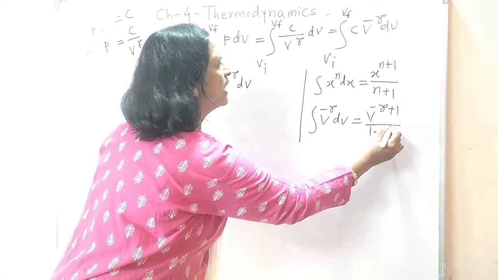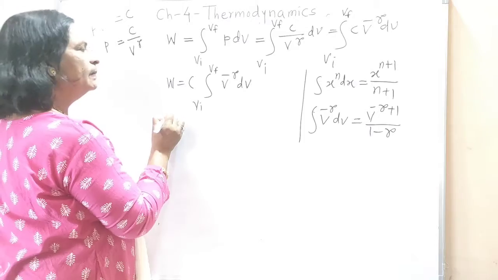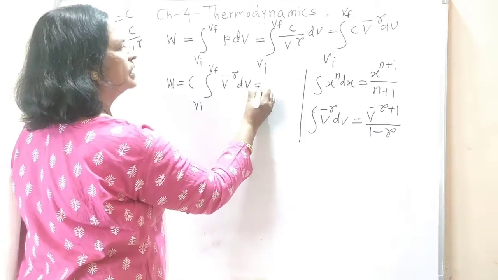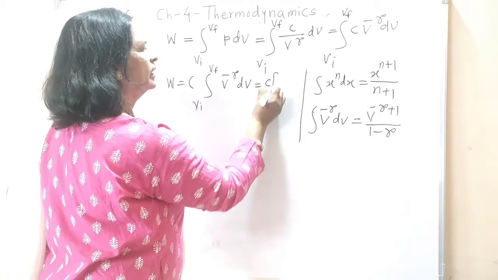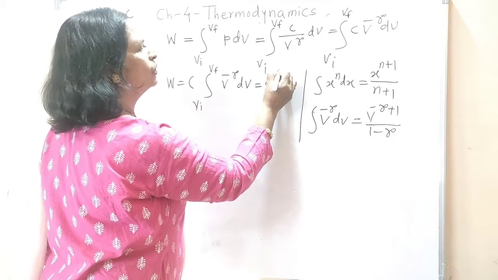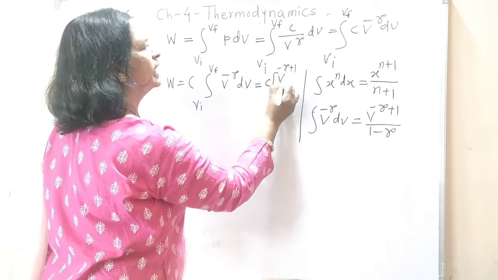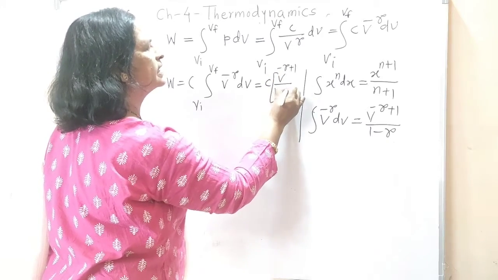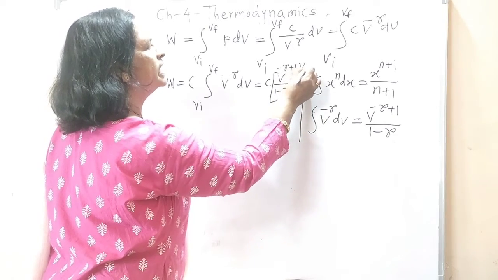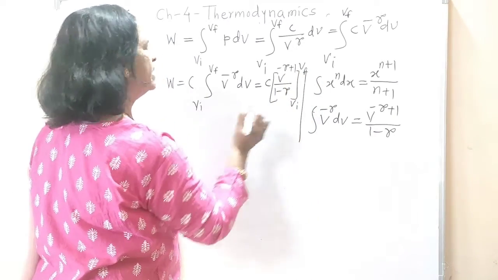Therefore W is equal to C, V raised to minus gamma plus 1 divided by 1 minus gamma, and the limit of integration is Vf and Vi.